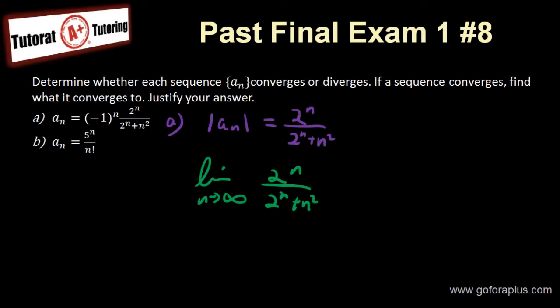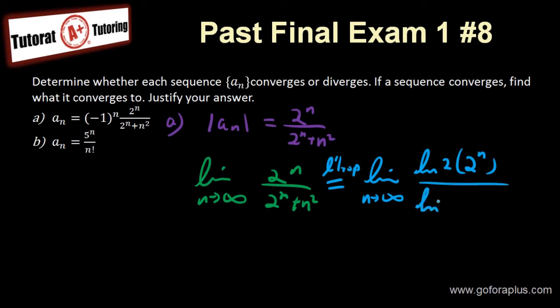So you can actually use L'Hopital's rule. That is the derivative of the top part and the derivative of the bottom part. On top, you have ln 2 times 2^n, over ln 2 times 2^n, plus 2n.